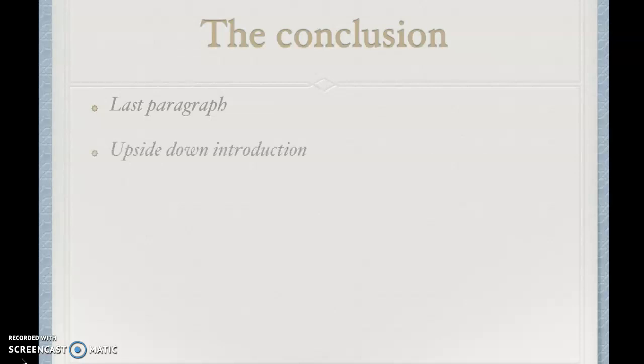So basically, the conclusion is like an upside down introduction. While in the introduction, we started with a series of general factual statements that introduce the subject area, and then we worked our way towards the thesis statement, which was our one sentence response to the question.